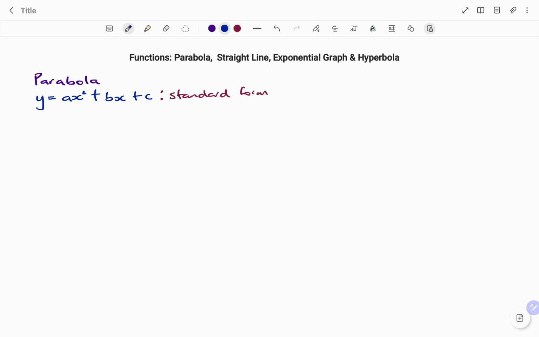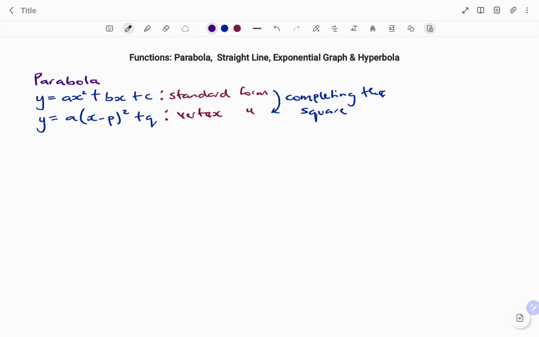The second form is y equals a into bracket x minus p all squared plus q, and this is referred to as the vertex form. Now, note that you can change from standard form to vertex form using the method of completing the square.